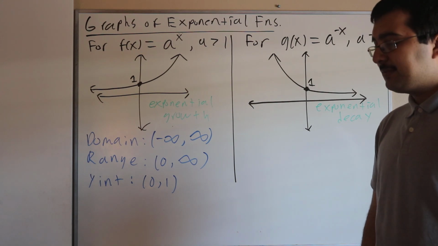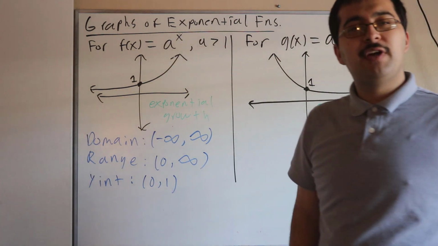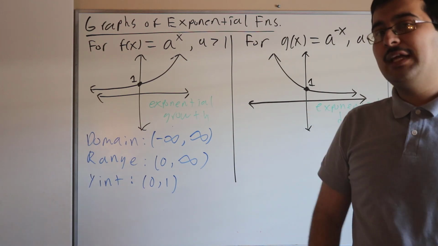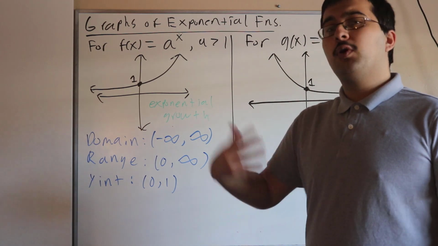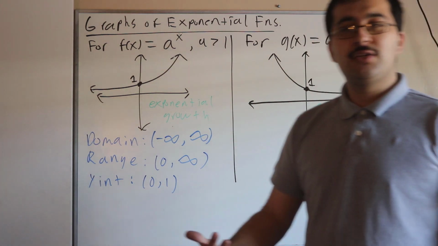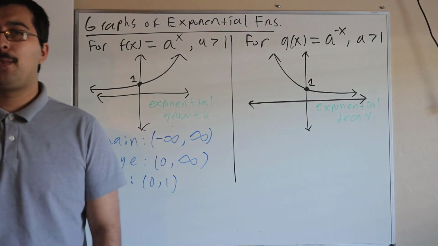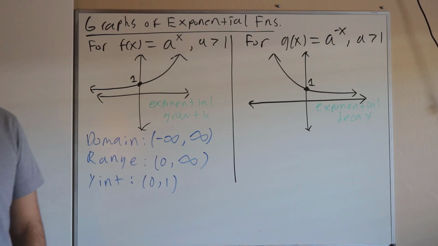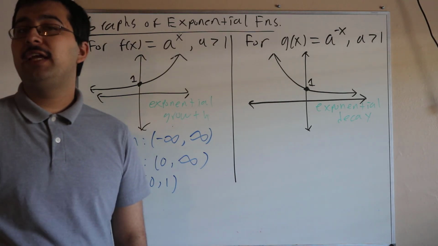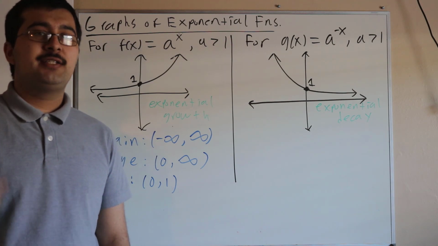Now, why is that? Well, let's recall. We are taking our base and raising it to a variable power, that variable being x. Our points are always (x, y). For a point to be a y-intercept, you must have an x value of 0. So if I want the y-intercept for an exponential graph, I need to plug 0 into my function, because I want the point where x is 0.